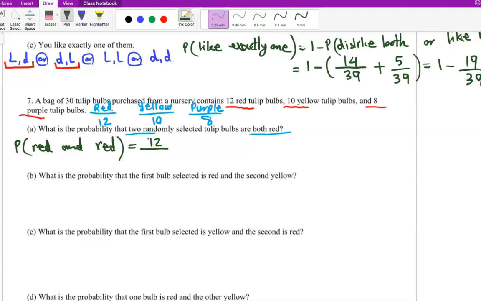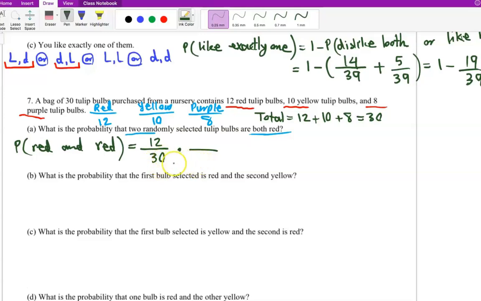And in total we have 12 plus 10 plus 8, so total we have 30 in the denominator, multiplied by. So this is without replacement.